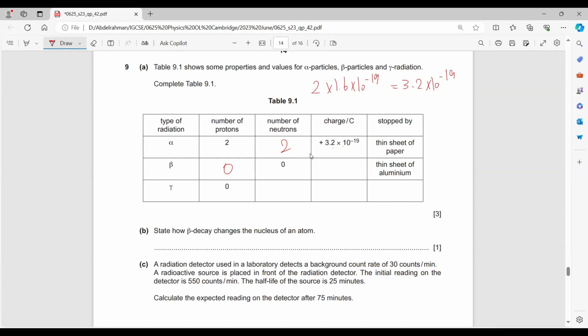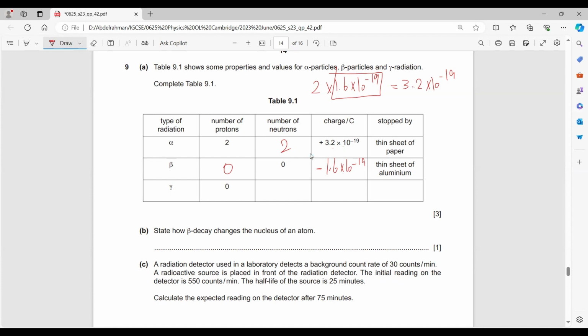We need to memorize this number: 1.6 times 10 to the negative 19 is the charge on one proton. But since this is an electron, a beta, the charge will be negative. Sadly, we do have to memorize this number.